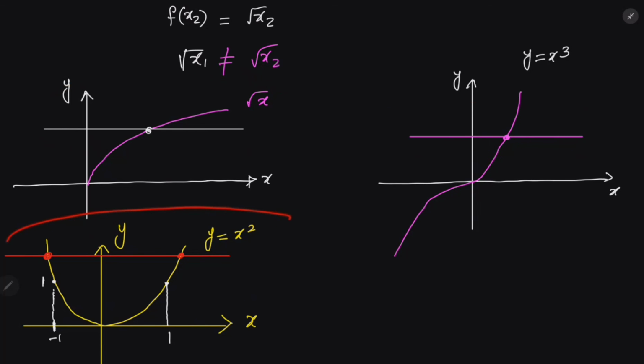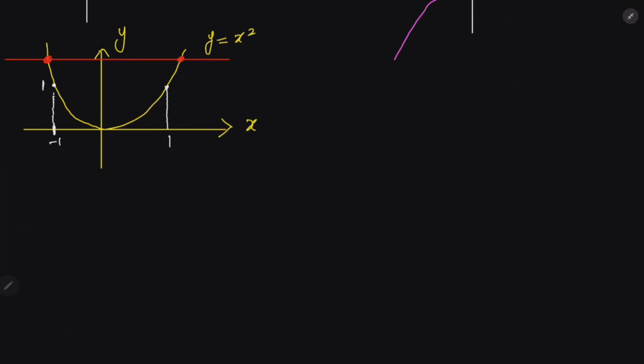But for x square, the horizontal line passes through 2 points. So if you want to identify whether a function is one-to-one or not, you can test it by the horizontal line test. So this is called the horizontal line test for one-to-one functions.